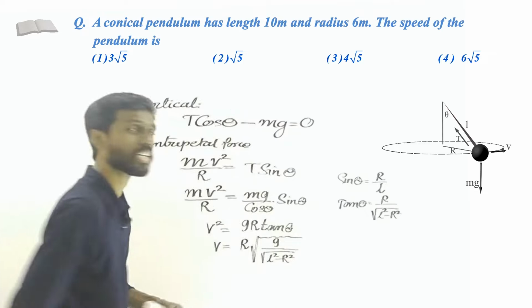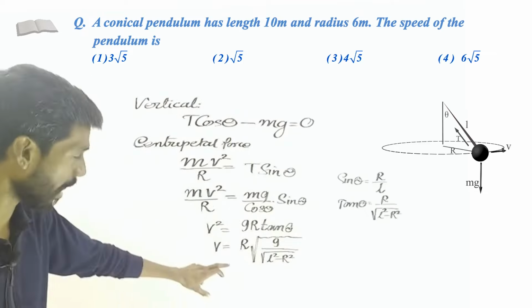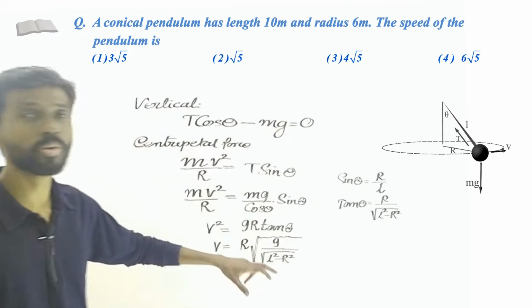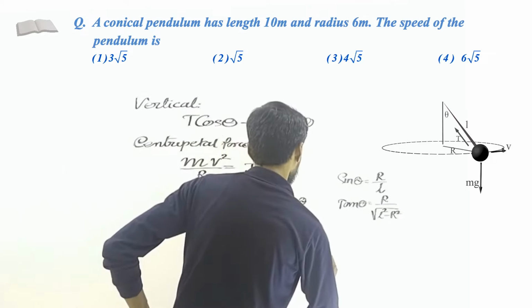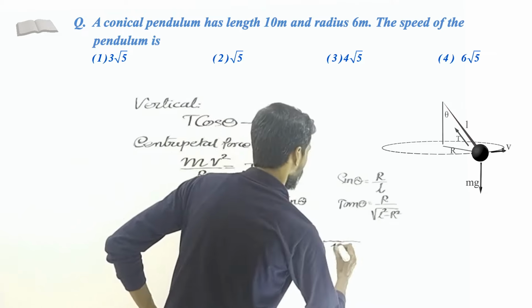These values are given in the question. L, the length of the string, is given to be 10, so 10 square minus r square, and r is also known, which is 6. So you just substitute these values here. R is 6, the square root of g, and let's take the value of g to be 10.